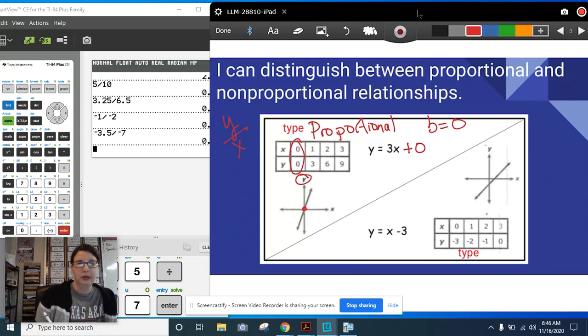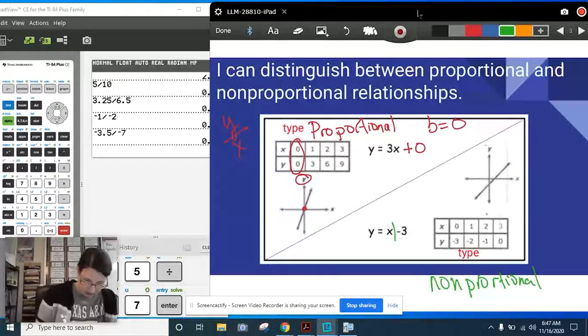Okay? When I am looking at the graph on the right, this one is non-proportional. So my b-intercept is negative 3.